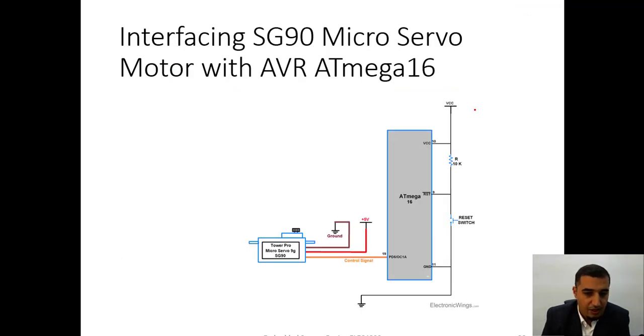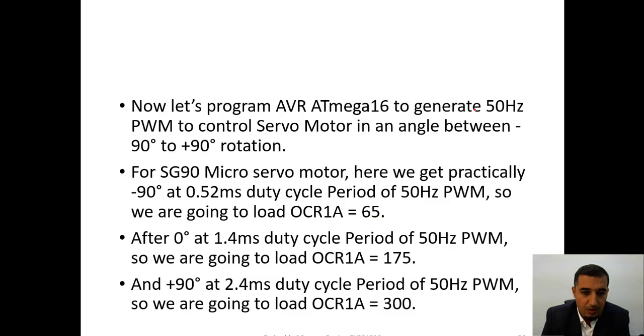So this is the connection that we use to control the servo motor. It's quite a simple connection. Now let's program the AVR to generate a 50 Hz pulse width modulated signal to control the servo motor at an angle between minus 90 and plus 90 rotation. For the SG90 micro servo motor, we get minus 90 at 0.52 milliseconds duty cycle and 50 Hertz.